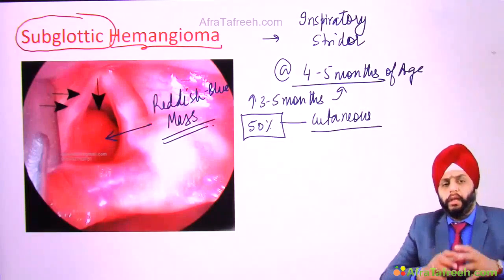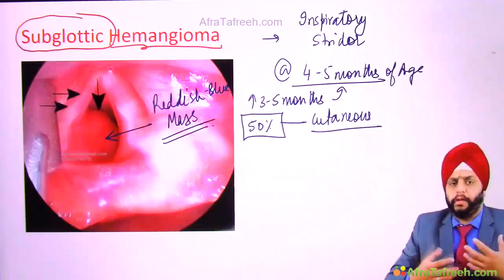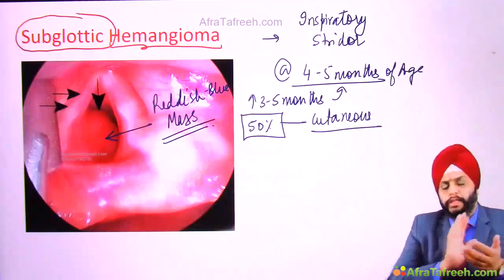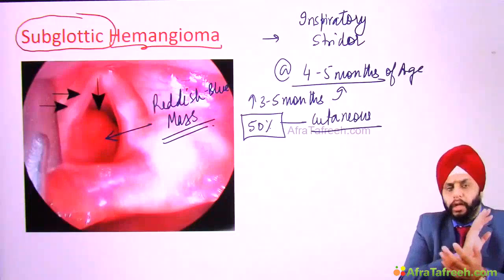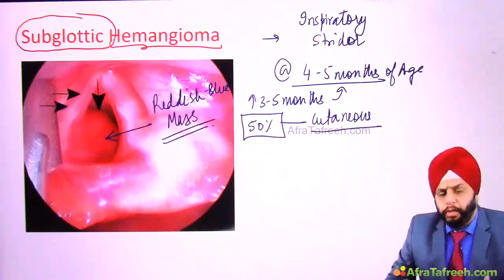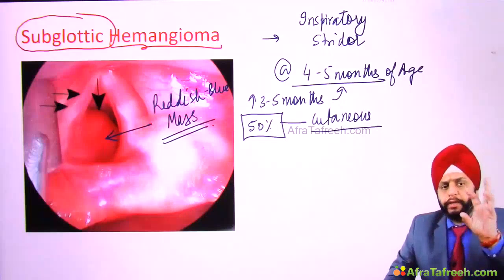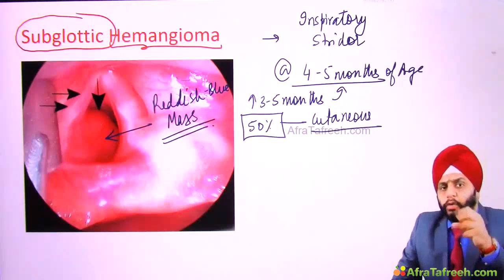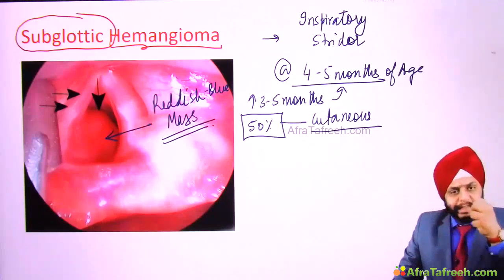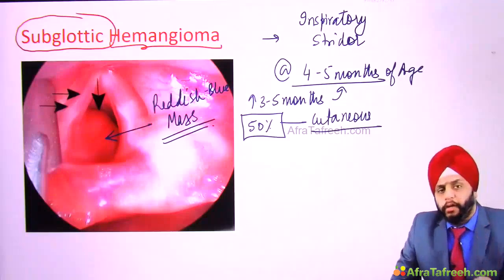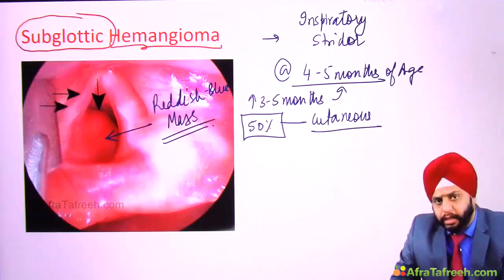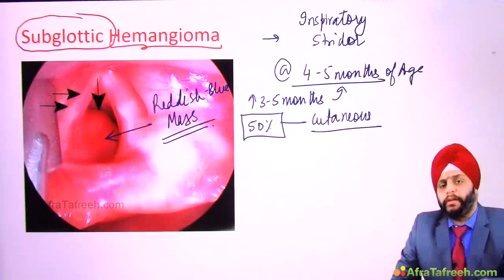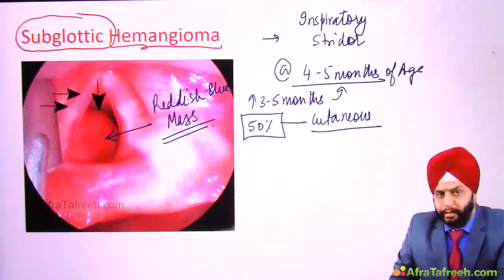That means hemangioma size increases during inspiration. And when there is expiration, there is a positive pressure. This positive pressure pushes the blood out of the hemangioma. So the hemangioma empties out during expiration and shrinks in size. So this hemangioma grows during inspiration and shrinks during expiration, so therefore it blocks during inspiration, and therefore the patient has inspiratory stridor.